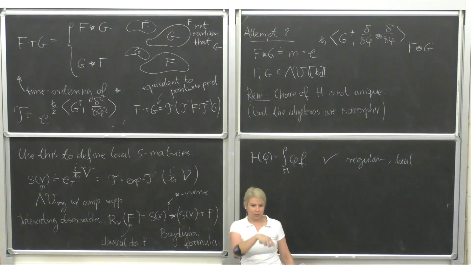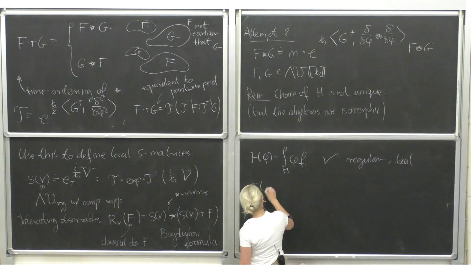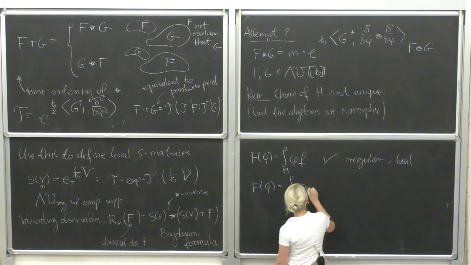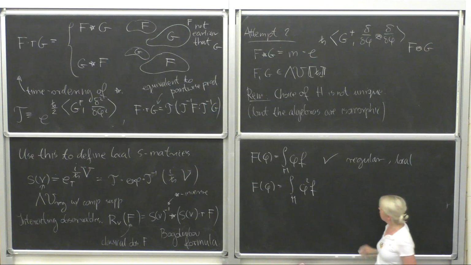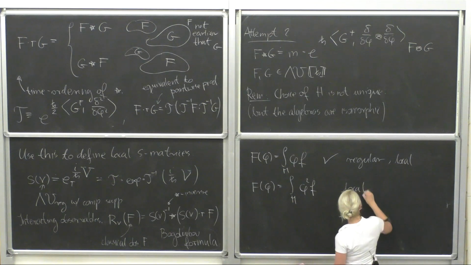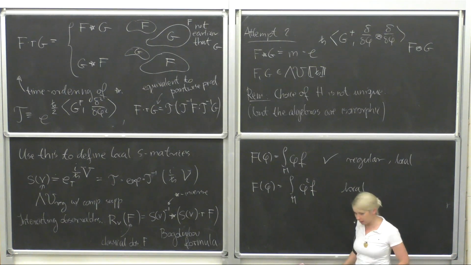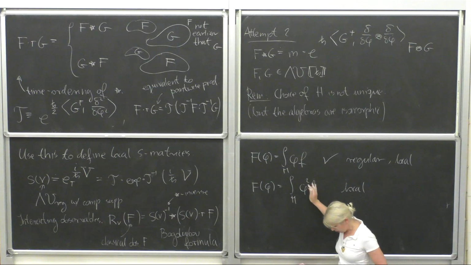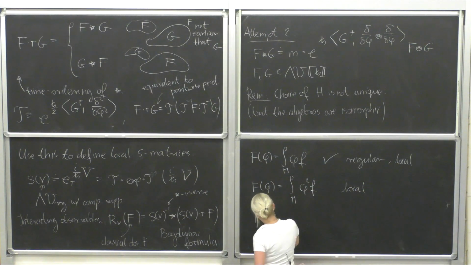So let's take quadratic. So take f of phi, say phi squared, smeared with a test function. It is local. Is it regular? Okay, so I differentiate once, then I would have phi of x times f of x. I differentiate twice, and what do I get?